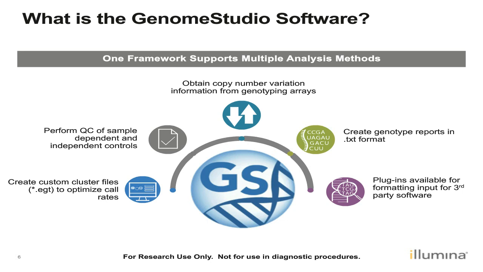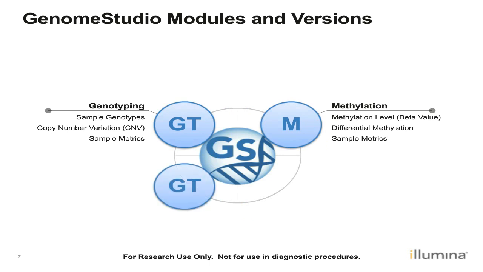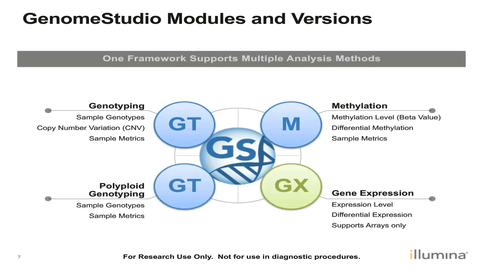Depending on the BeadChip that you're using, GenomeStudio contains multiple modules that can support multiple analysis methods. Today I'll be focusing on the genotyping module, which allows you to generate genotypes for your samples and perform CNV analysis.